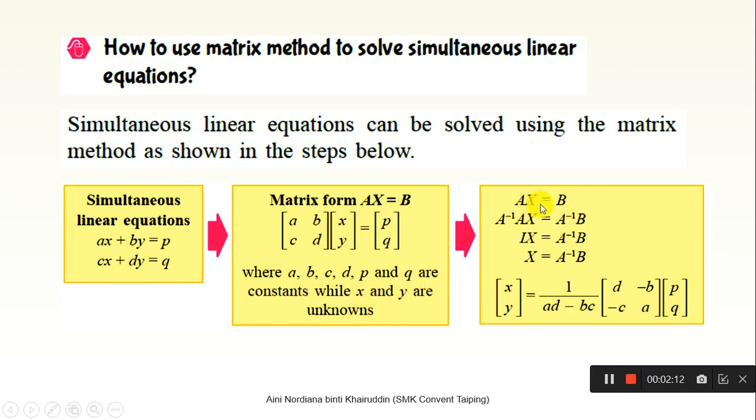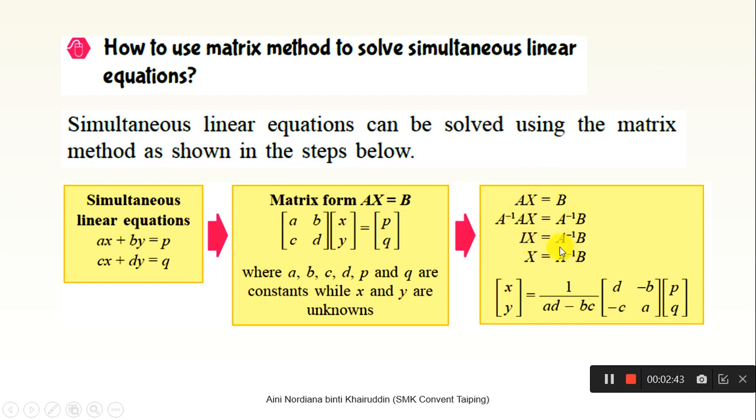So AX equals B. Multiply by the inverse matrix of A on both sides: the inverse matrix of A multiplied with A times matrix X is equal to the inverse matrix of A multiplied with matrix B. The inverse of A, when you multiply with matrix A, you will get the identity matrix.